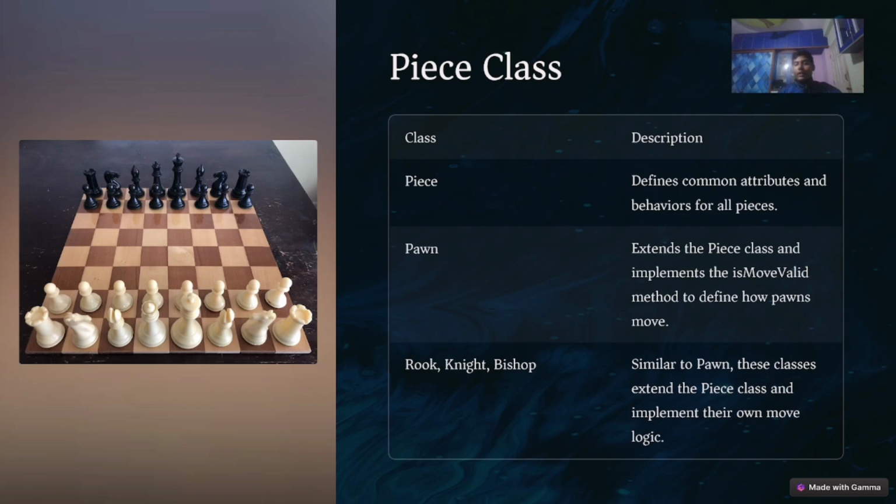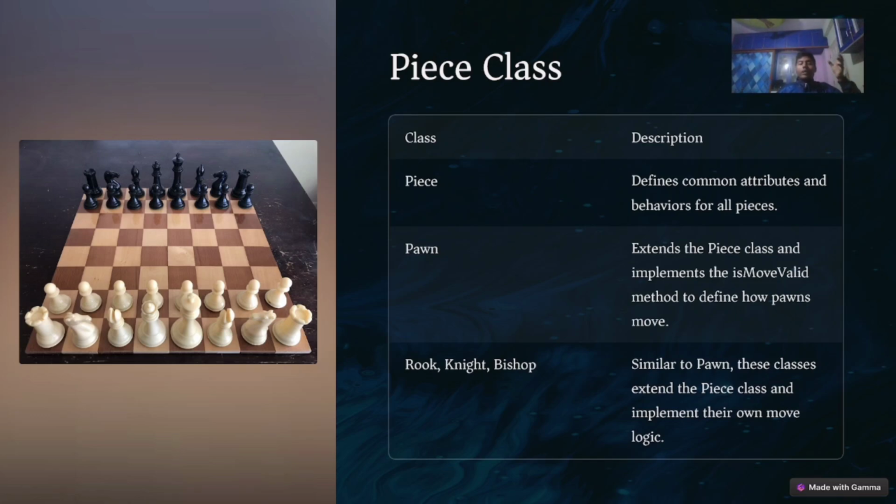Next is the piece class. Here in the piece class, the common attributes are defined, since every single piece's data is inputted differently. So the piece class defines the common attributes and behavior of all pieces, all the behavior patterns.